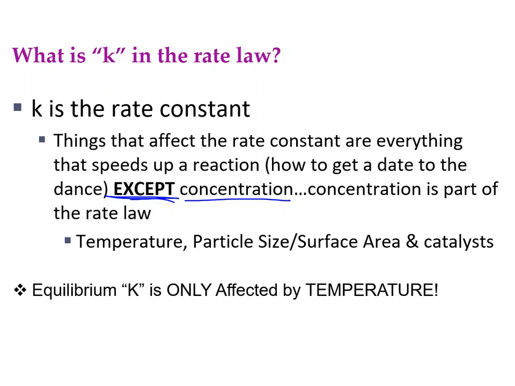So thinking about these things, not to get it confused with equilibrium, which is the capital K. That one is only affected by temperature. Again, it doesn't have units, as we were just talking about K units. It doesn't have units like the rate constant K does. So keep that in mind, keep that separate.